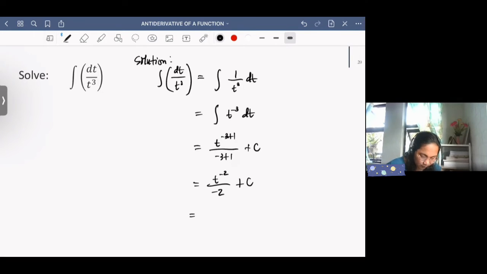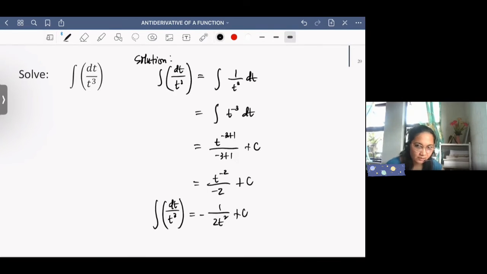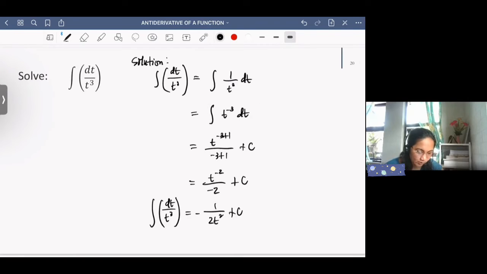And if you want to transform this into a positive exponent, we just have to apply the law on negative exponent, and this will give us the negative of 1 over 2t squared plus c. So this is the integral of dt over t cubed. That's for our second example.